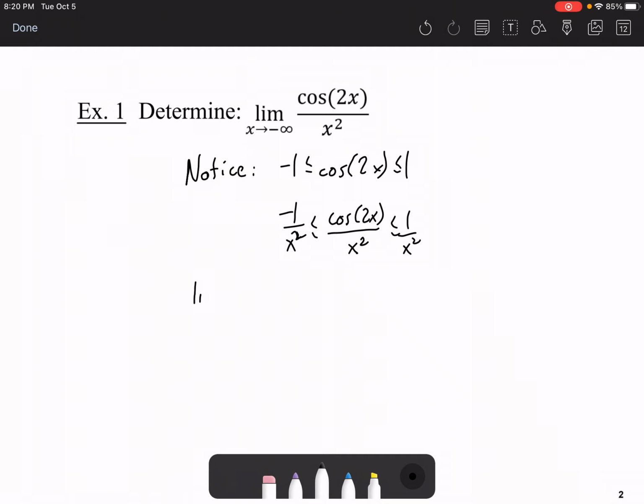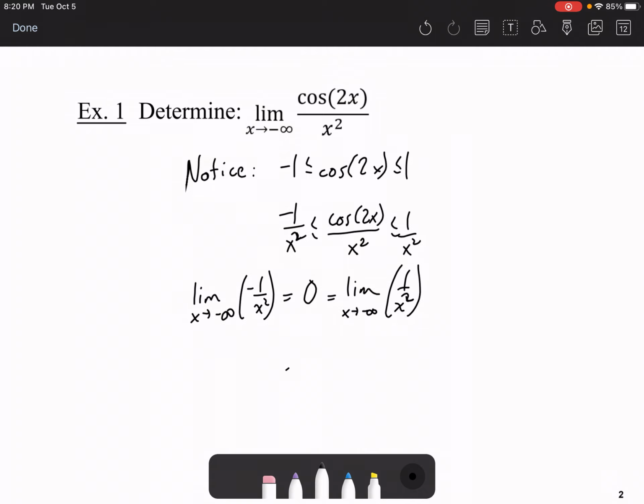Now, we know that the limit as x approaches -infinity of -1 over x squared is equal to 0, which is also equal to the limit as x approaches -infinity of 1 over x squared.